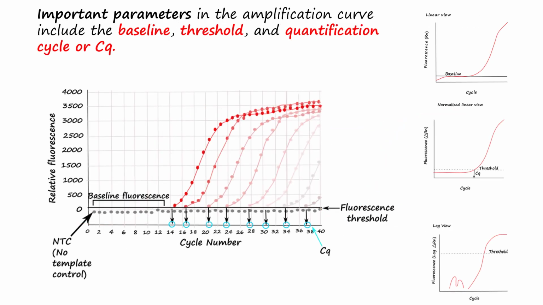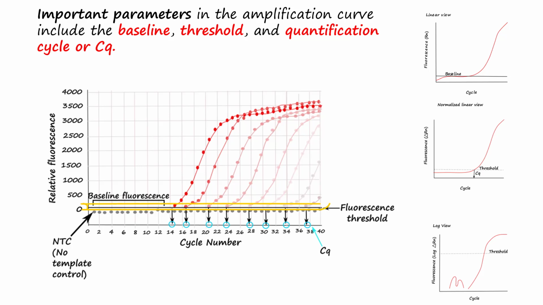Important parameters in the amplification curve include the baseline, threshold, and quantification cycle, or CQ. The baseline is the level of fluorescence typically measured between cycles 3 and 15, which has low amounts of amplification products, so much of the fluorescence is noise or background.